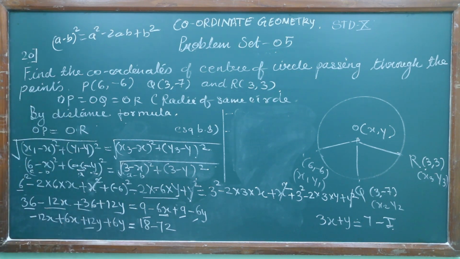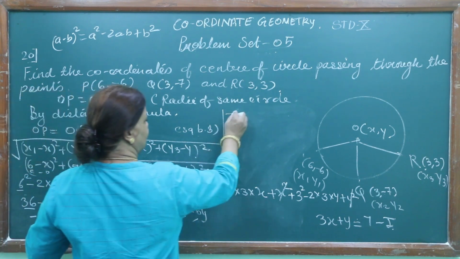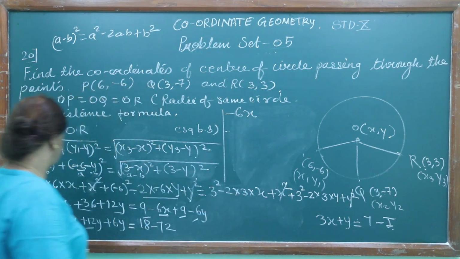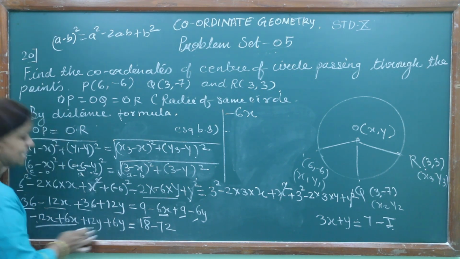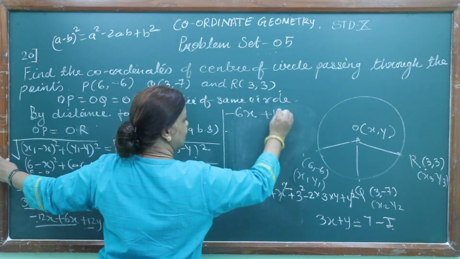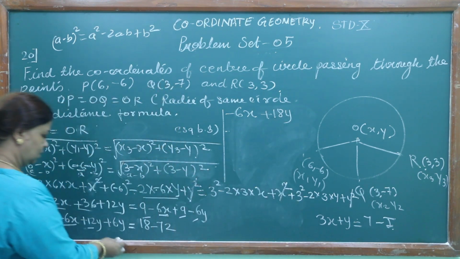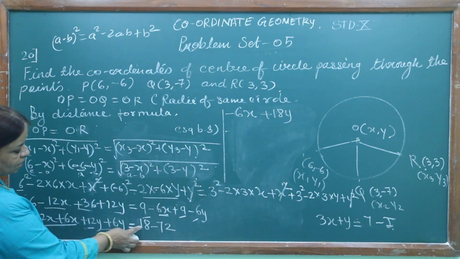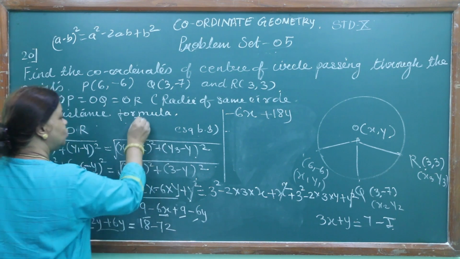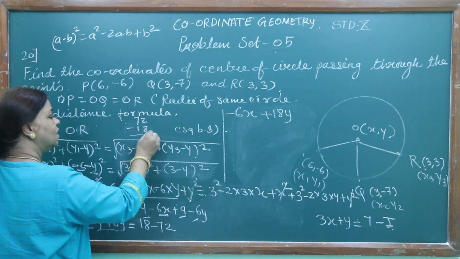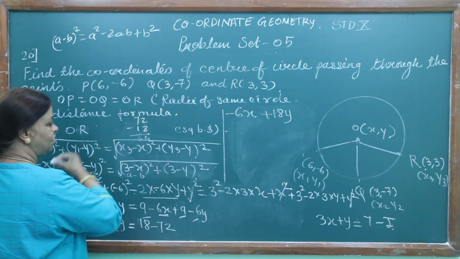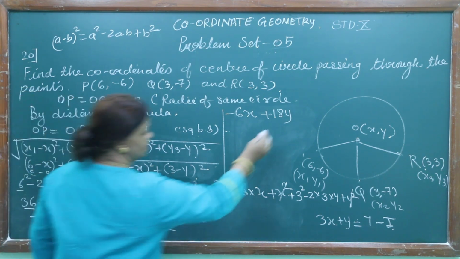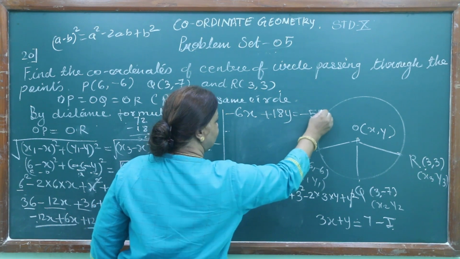Let us calculate now. Minus 12x plus 6x is minus 6x. 12y plus 6y is 18y, plus 18y. Then 18 minus 72. So 72 minus 18 is 54, and the sign will be minus 54.